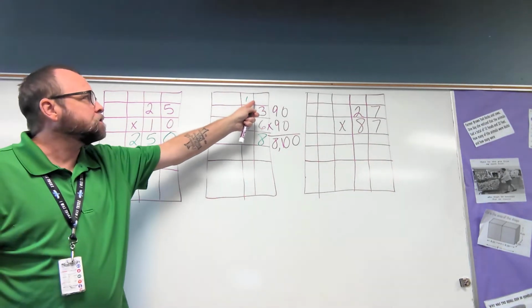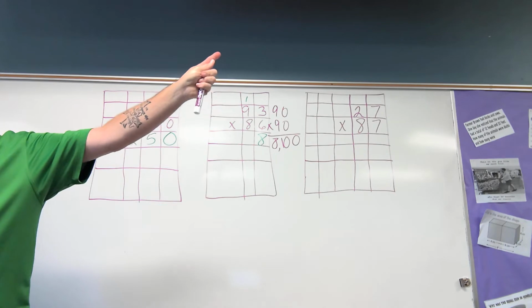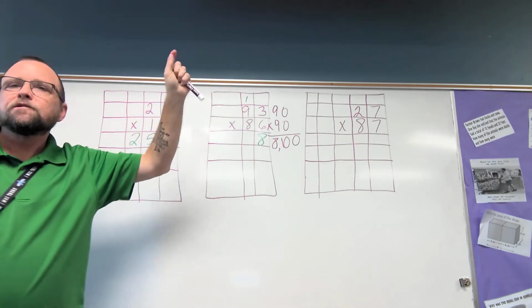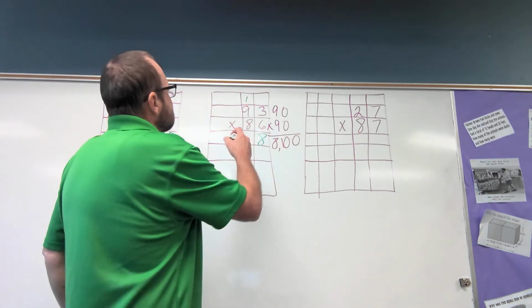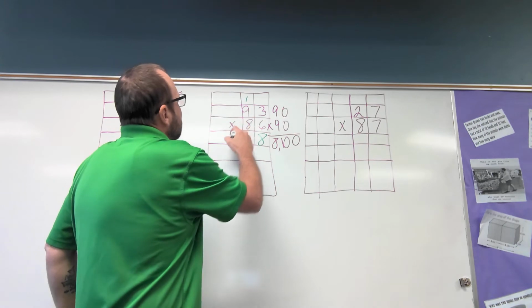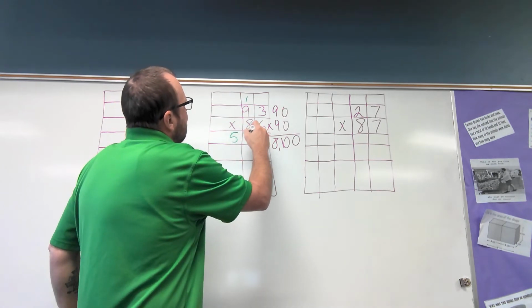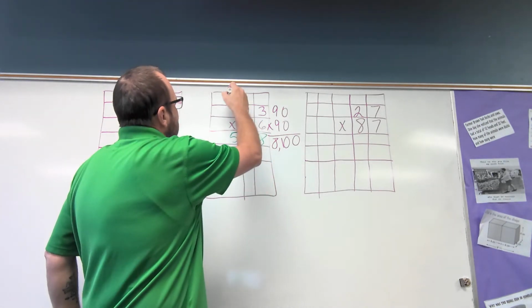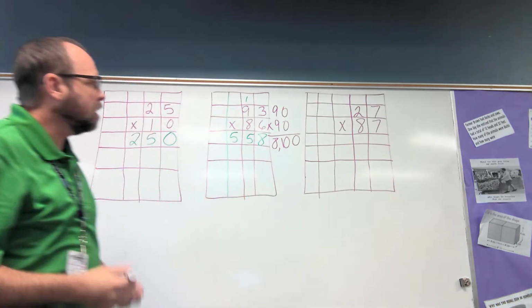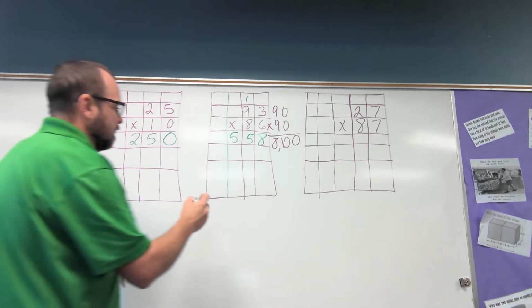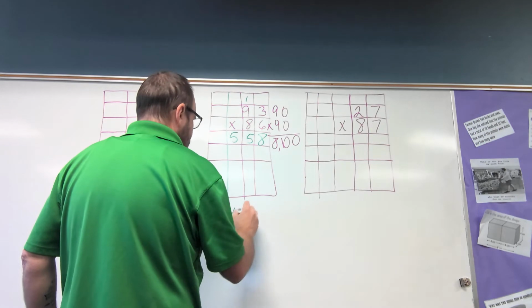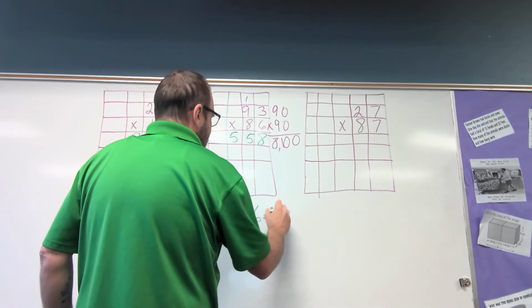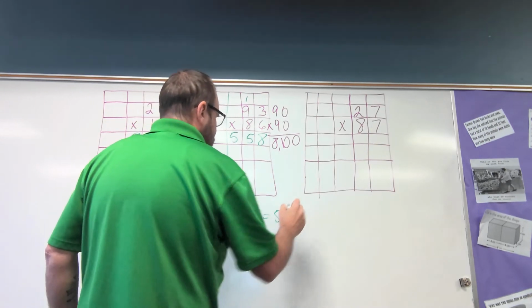But I have an extra 10 here, so that makes it 55. So 55 tens is the same as saying 5 hundreds and 5 tens. Okay? So what I just did is 93 times 6. And I got 558.